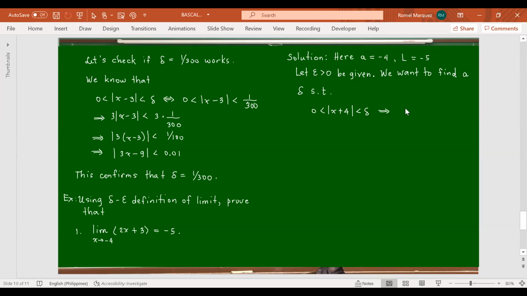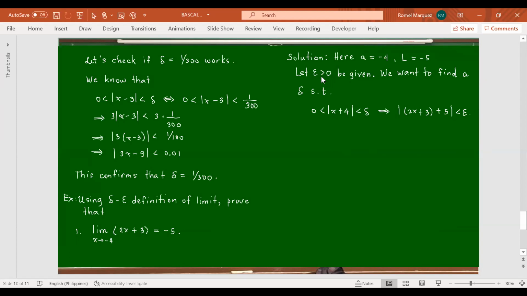Then if this is true, the absolute value of f of x, which is 2x plus 3, minus L, minus -5, so it is now plus 5, is less than epsilon. So that's what we need to prove.